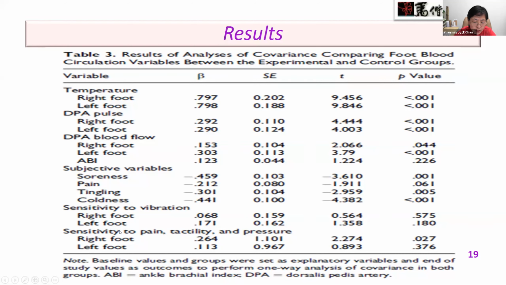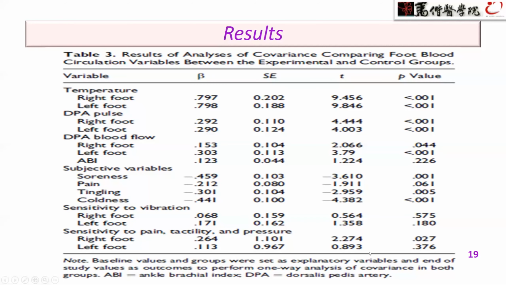ANCOVA also revealed improvement in the subjective variables of pain, atherosclerosis, sensitivity to vibration, and the sensitivity to pain, tactility, and pressure in the left foot. But this difference did not reach statistical significance.